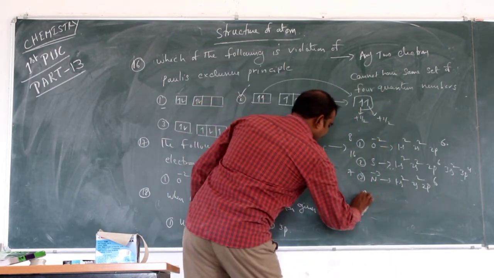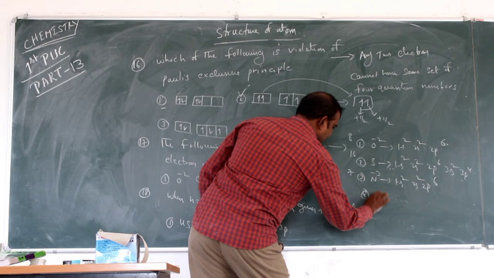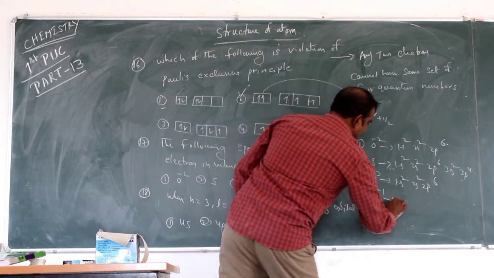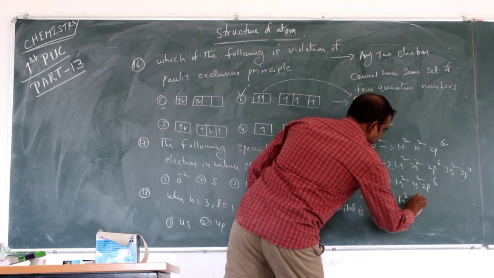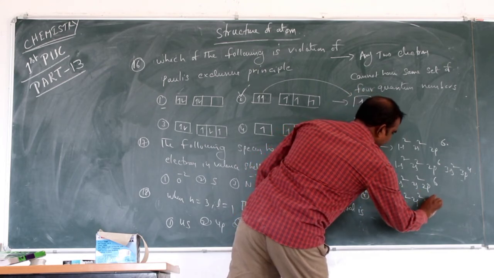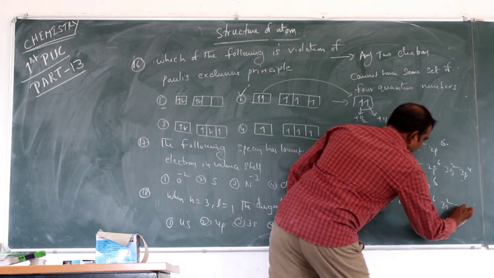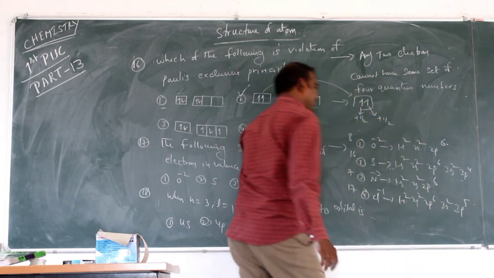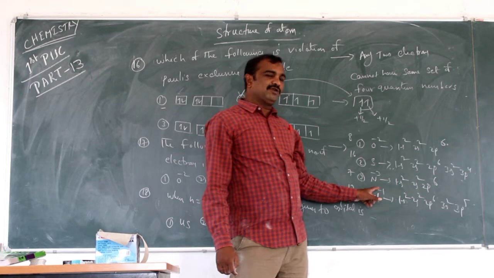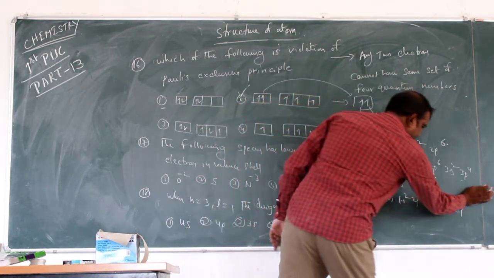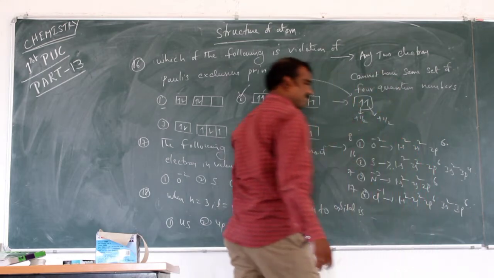Next, the fourth one, chlorine minus 1. Chlorine is 17: 1s2, 2s2, 2p6, 3s2, 3p5. But here one electron is added, so instead of 3p5 it becomes 3p6.